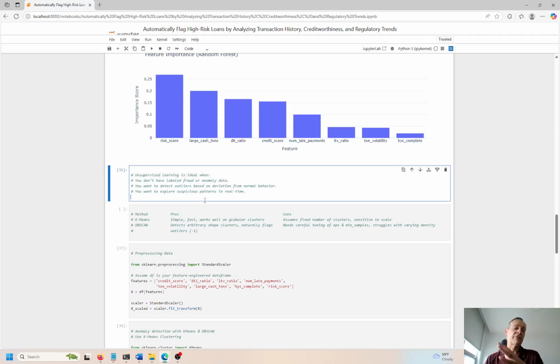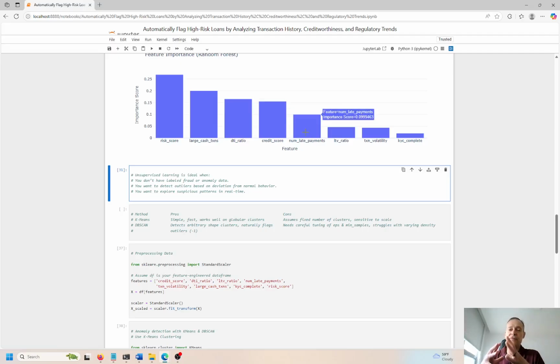Okay, so unsupervised learning can help us tease out different outliers or different anomalies or whatever you want to call it. Do you have labeled data as fraud or anomaly data? If you don't, you can actually create this data. Some of these data sets don't have it. Sometimes you could say, okay, I have all these features like I'm just showing you right now: risk score, large cash transactions, debt to income ratio, credit score, number of late payments.